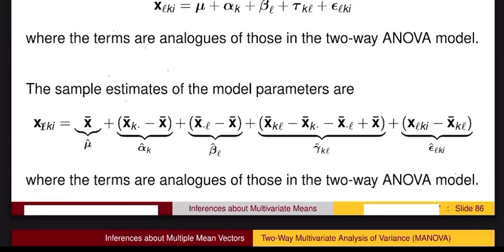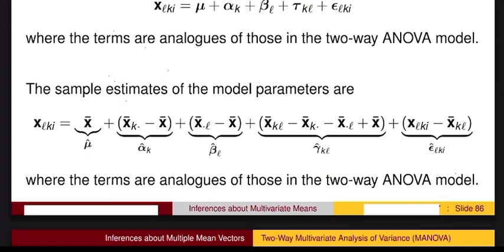I'm just assuming three variables. We're decomposing that into the grand mean, the treatment effect. Maybe this one here is the treatment effect for the first factor, the fertilizer type. Maybe this one is the treatment effect for the light condition, and this is the treatment effect for the interaction, and this is the error.